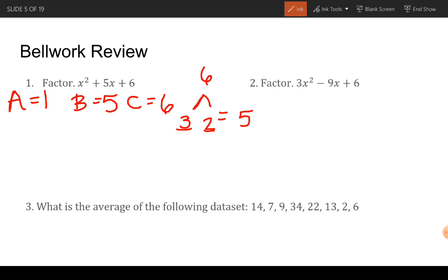So now that we found our magic numbers, we need to replace our middle term 5x with 3x and 2x. So we'll keep x squared, but 5x turns into 3x plus 2x, and then we bring down our constant term of 6. Once we do that, we need to group our first two terms and our second two terms together.